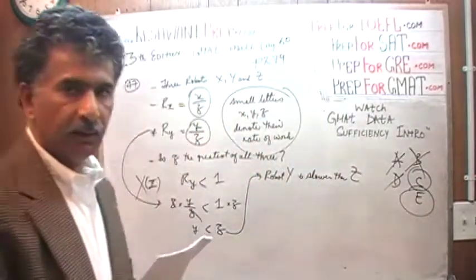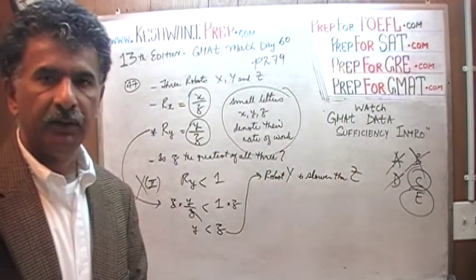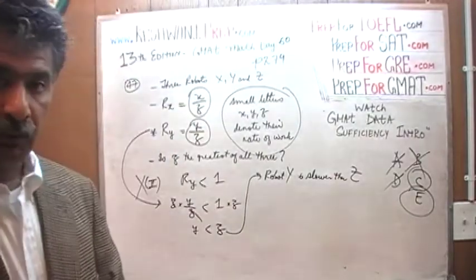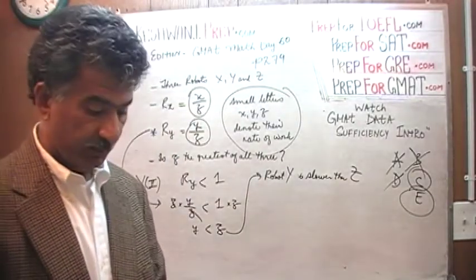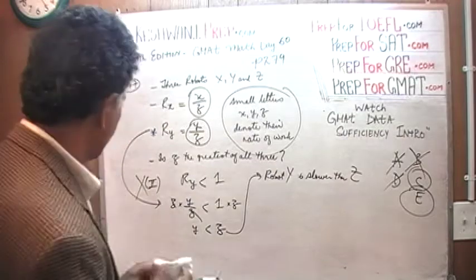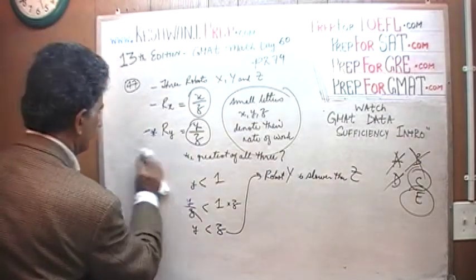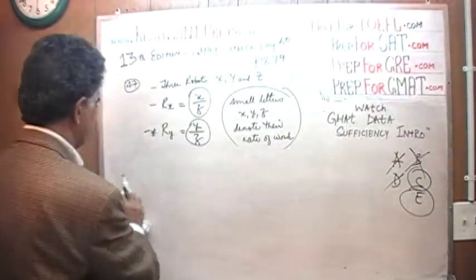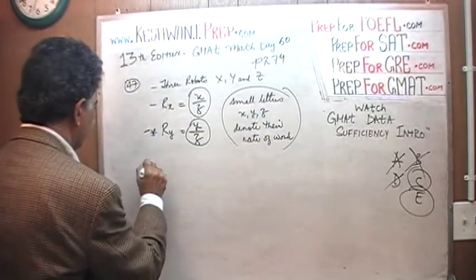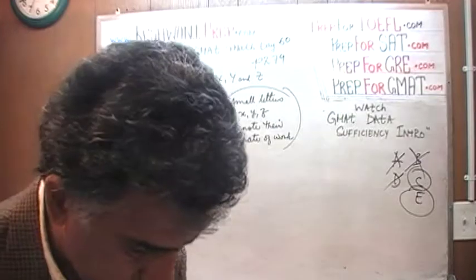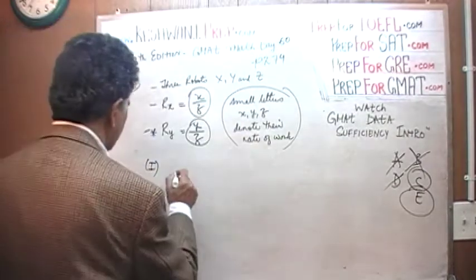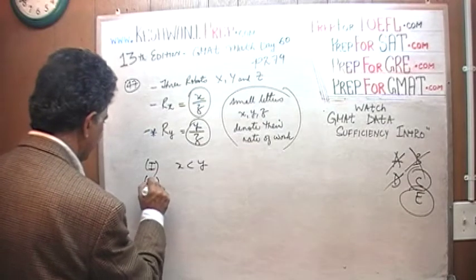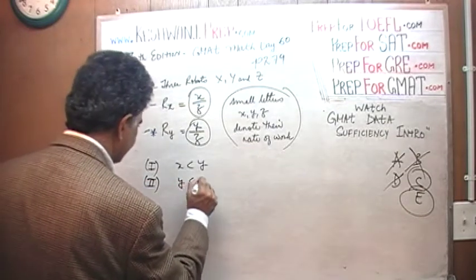Let's put them together. If we put them together and find out that that is enough to answer the question, the answer will be C. If putting them together also does not get us anywhere, then the answer will of course be E. The first statement told us that X is less than Y, and the second statement told us that Y is less than Z. Voila!